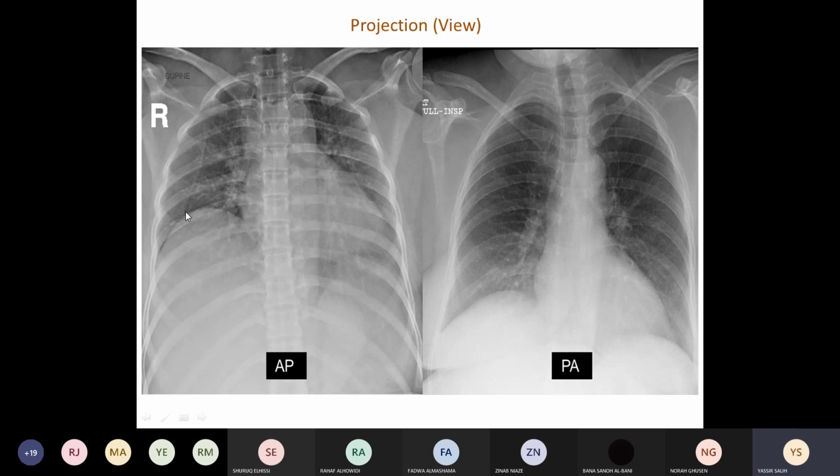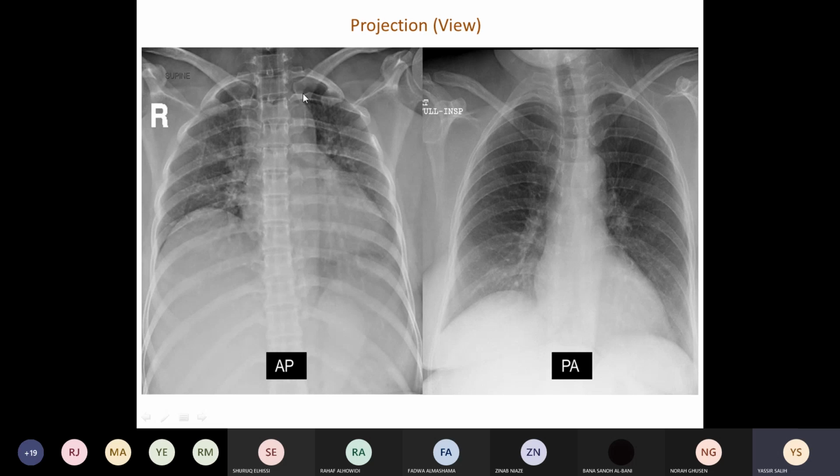And also you can see the diaphragm appears higher in this AB, but in this one it's seen lower down. This is another feature of the difference between the AB and BA. The other is the clavicle. On AB, the clavicle may obscure or cover the apex of the lung.